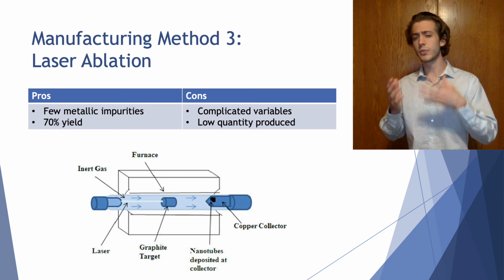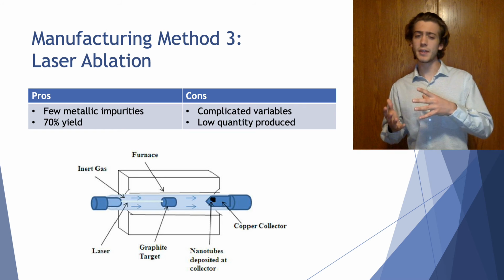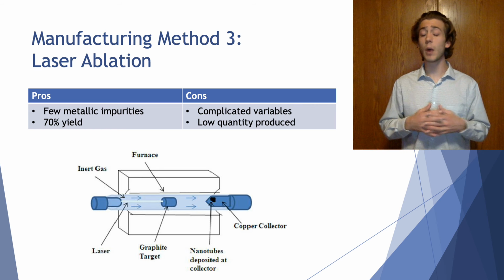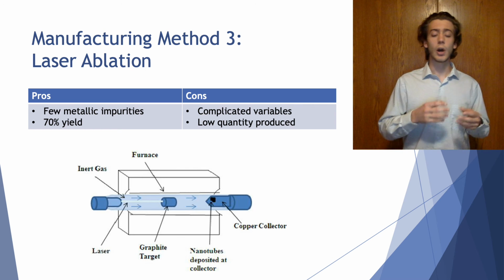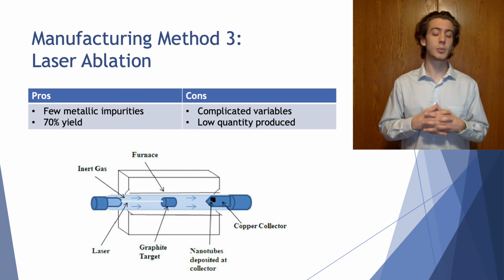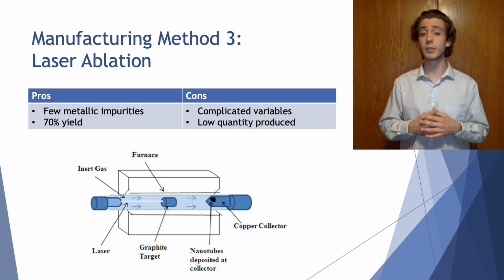While there's a bunch of complicated variables that are difficult to manipulate, and that's a bad thing, it's also a good thing, because depending on how we manipulate these variables, we can actually control and retrieve exactly what carbon nanotube we want. We can get the right chirality and the right size for the application we're looking for.